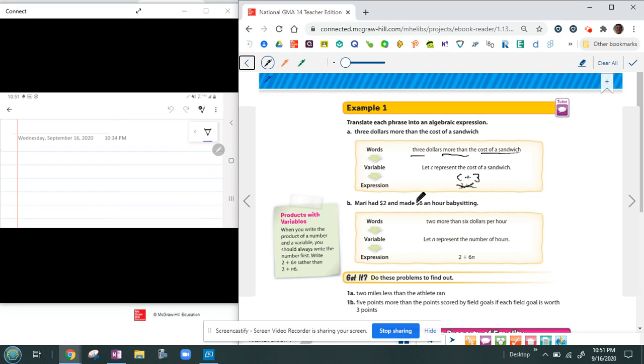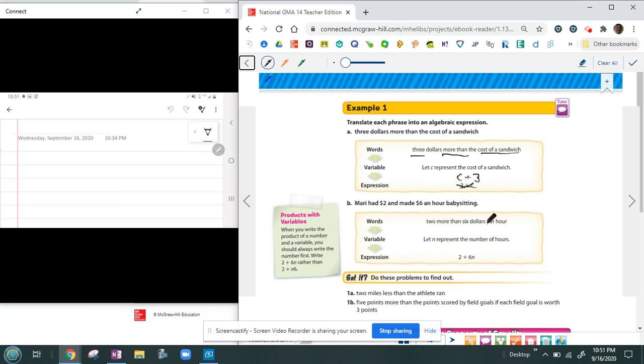So $6 an hour, well, for how many hours? It would be helpful if they said, what is the total amount of money he made? Then that would help you realize, wait, I don't know how many hours he babysat, and that would be our unknown. But just how they have it written, not my favorite.